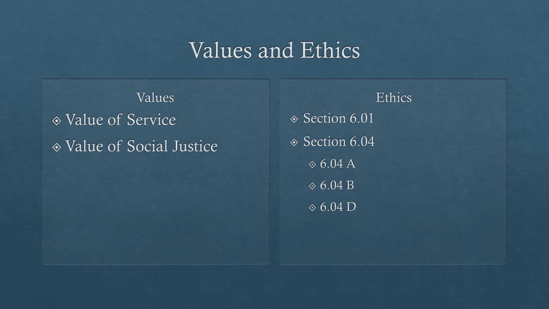B states that social workers should act to expand choice and opportunity for all people with special regard for vulnerable, disadvantaged, oppressed, and exploited people and groups. So obviously these kids fall into almost all of those categories. And D says that social workers should act to prevent and eliminate domination of, exploitation of, and discrimination against any person, group, or class on the basis of race, ethnicity, national origin, color, sex, sexual orientation, age, marital status, political belief, religion, or mental or physical disability.